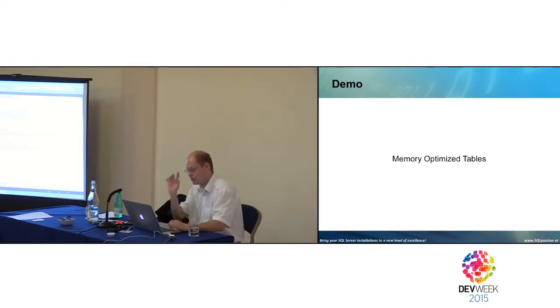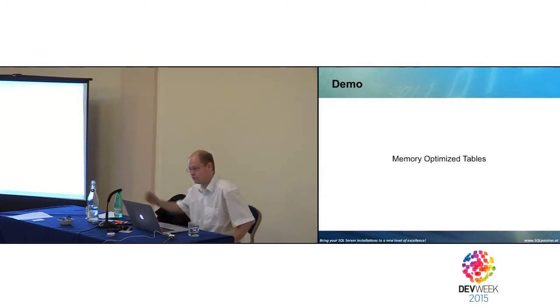We can also look at that DLL in the file system. I have subfolders here. That's the database ID. In our case, we have a database ID of 9. And here you have a C file, for example, and the C file is your table definition. We don't need to understand that.